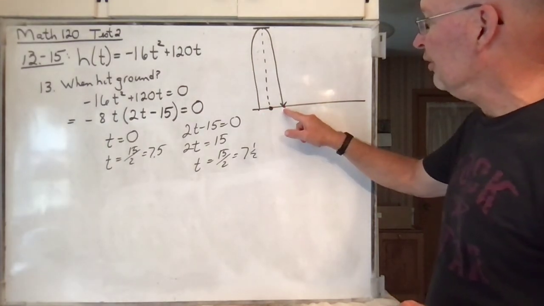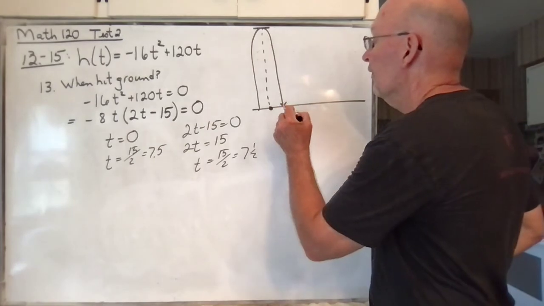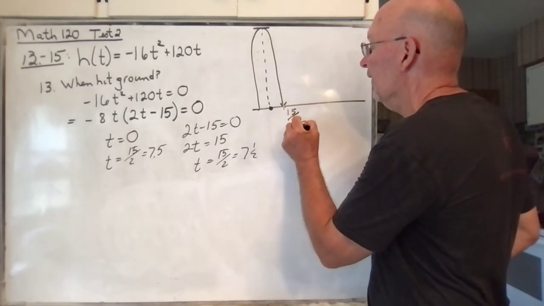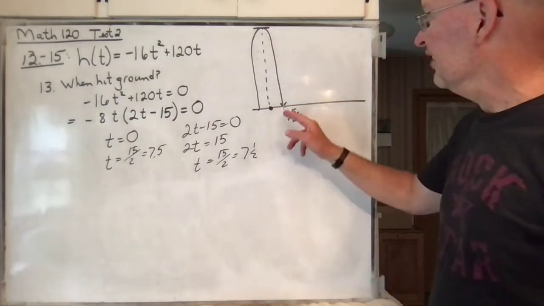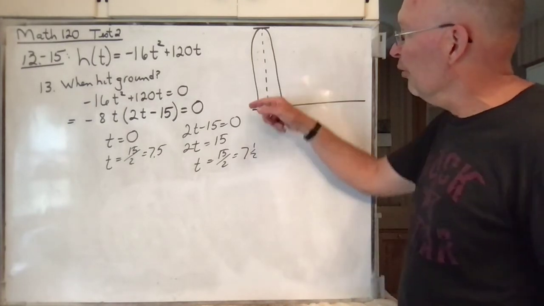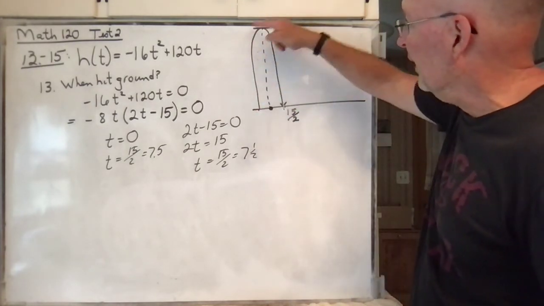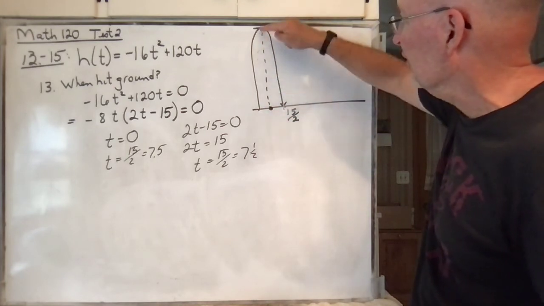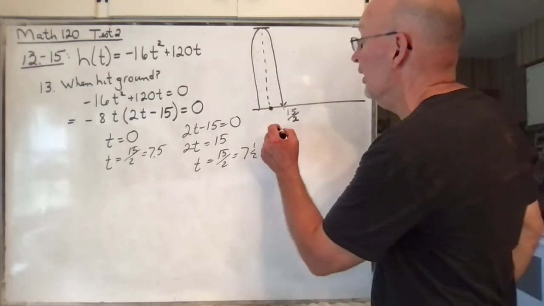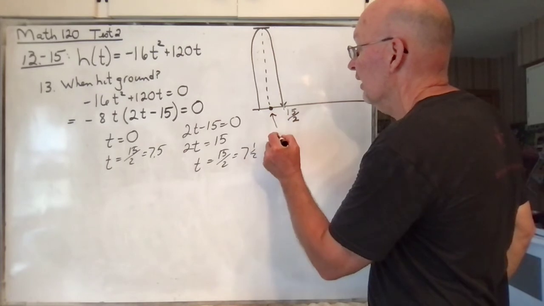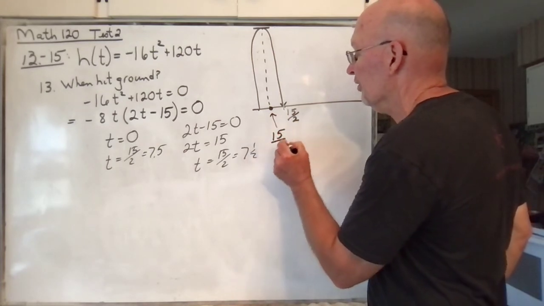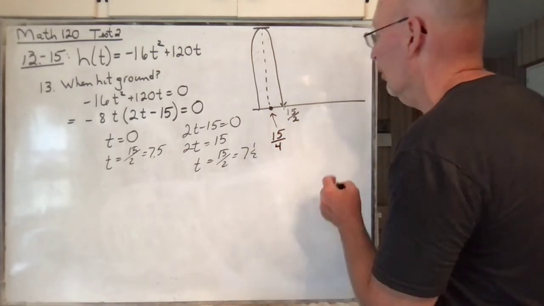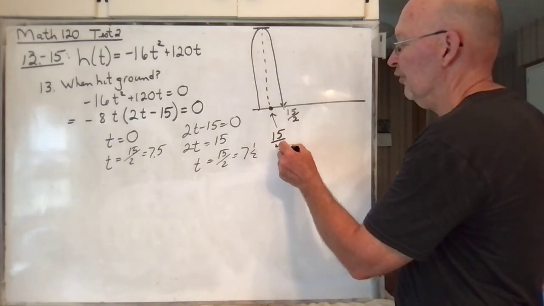We know that it hits the ground at 15 halves seconds. And we know that for a parabola, it's symmetric about these intercepts, and so the vertex is going to occur halfway in between. So right there at 15 fourths, which is, how many times does 4 go into 15?